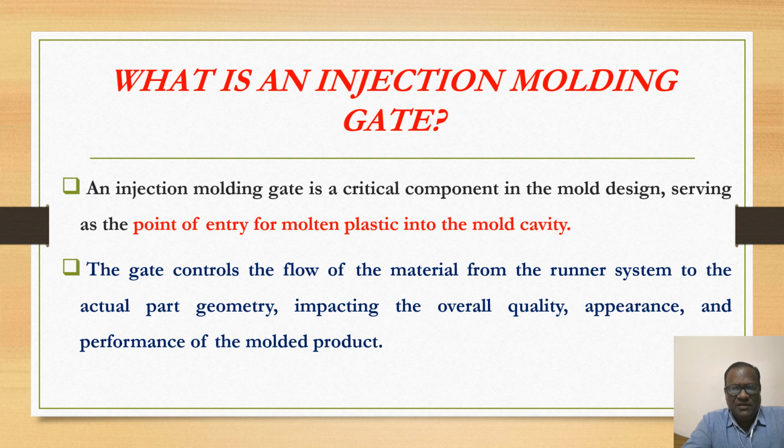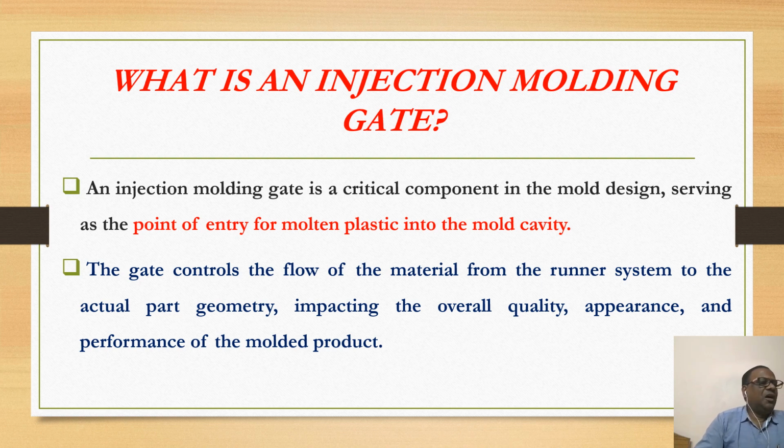In that case, you have to choose a different type of gate. So mold material, part geometry, and what type of issues you are getting in injection molding: based on those many factors, you have to decide what type of gate you are going to use.